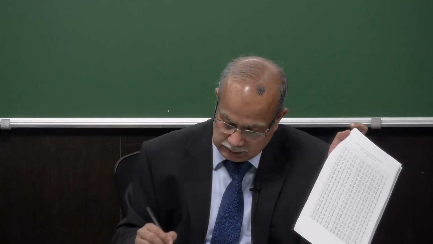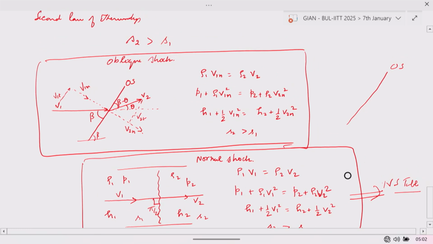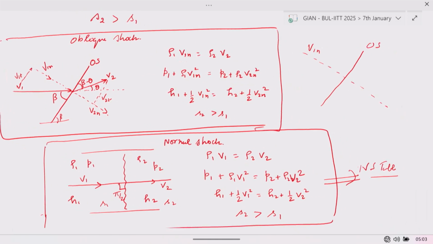But from the analysis we have done, it clearly shows that when we have an oblique shock, if we can resolve the flow normal to it, V1n and then V2n, now you can see, look at the governing equations here.